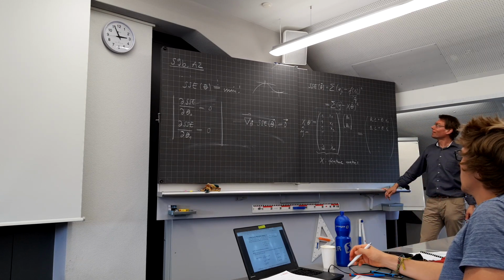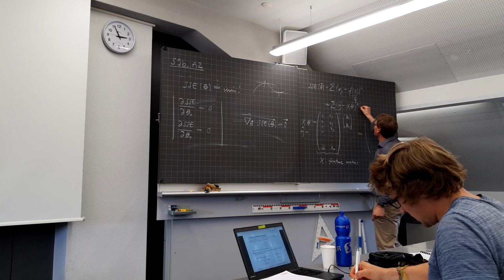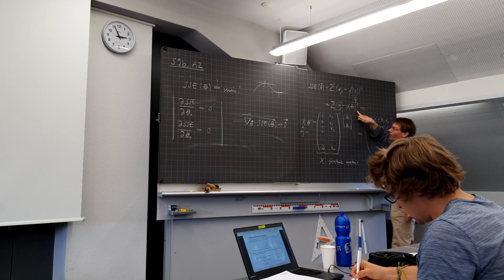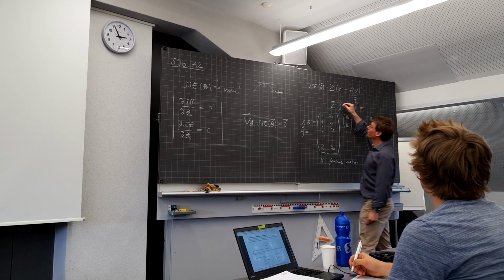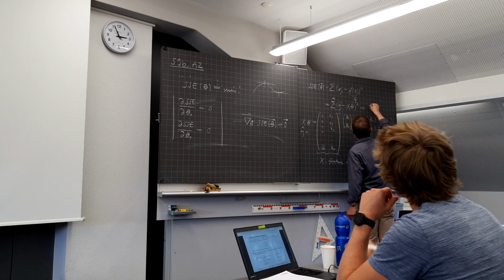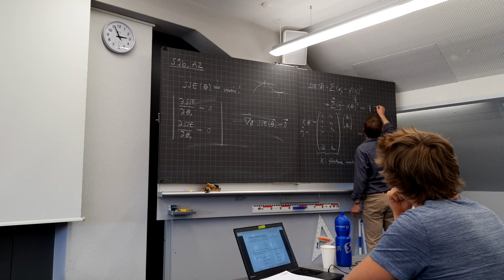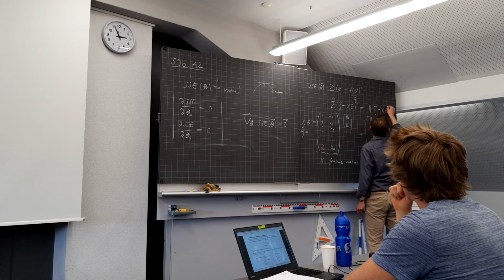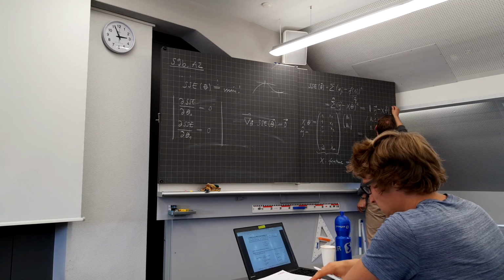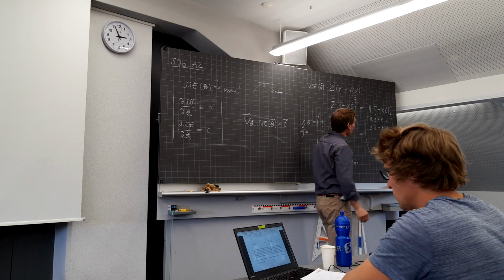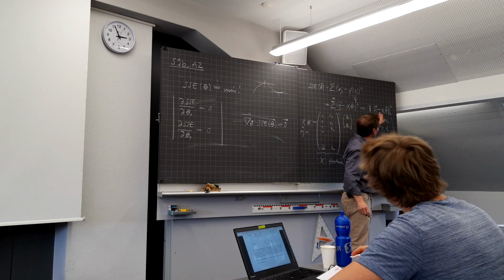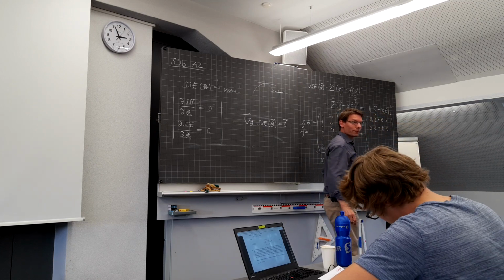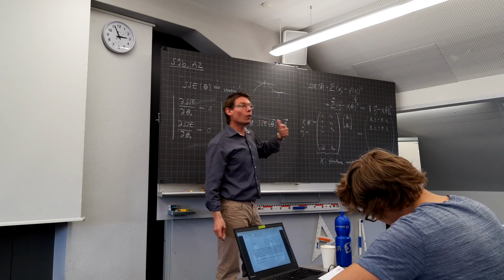Okay, so this can also be formulated in another way. The squared distance, it's the distance between these two vectors in the Euclidean norm.